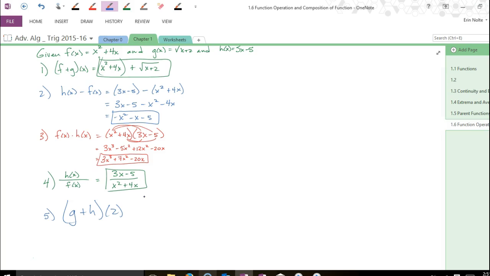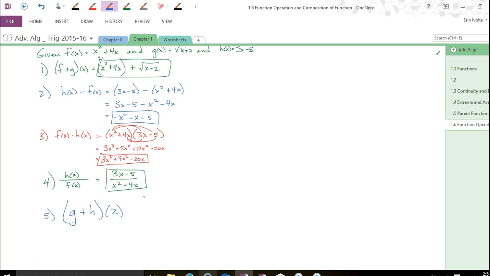You're going to add g and h's functions together, but you're not multiplying by 2. It doesn't say take g and h and then multiply by 2. It says we have both of these functions now in terms of 2. So I'm going to plug 2 into all the x values.